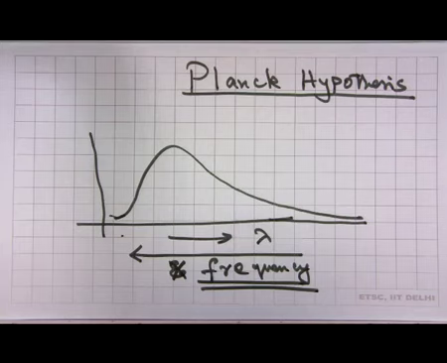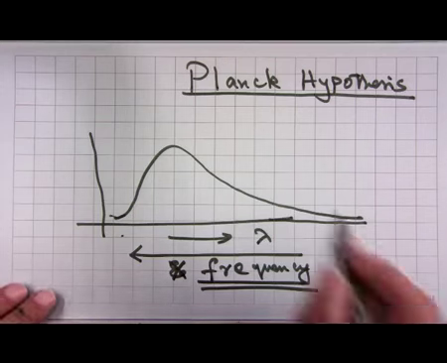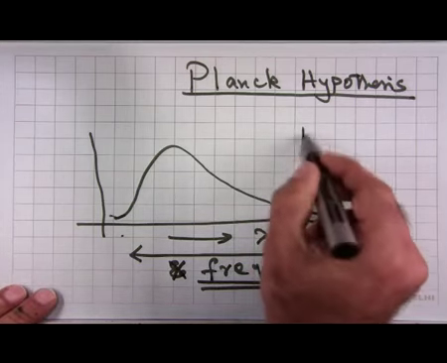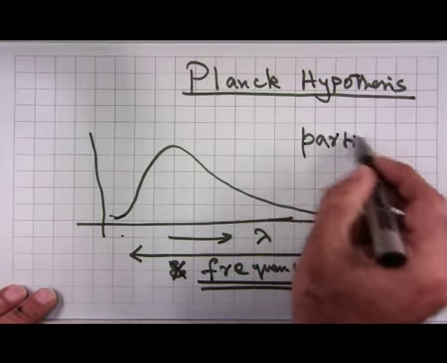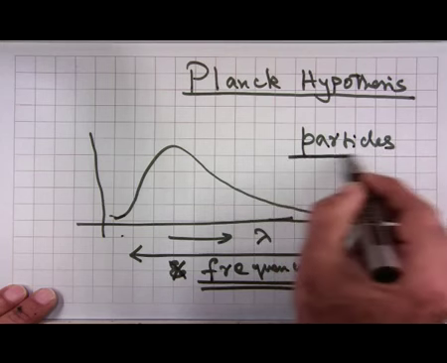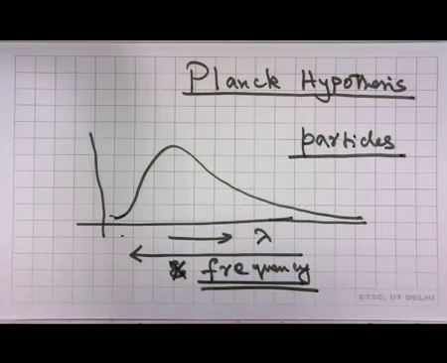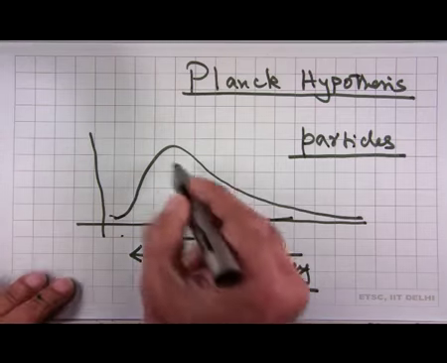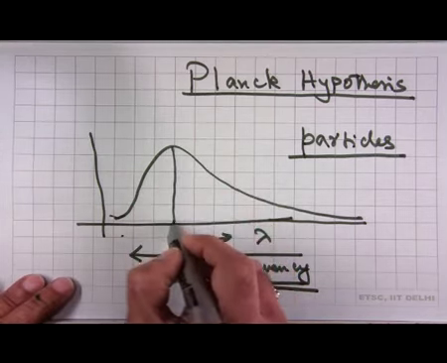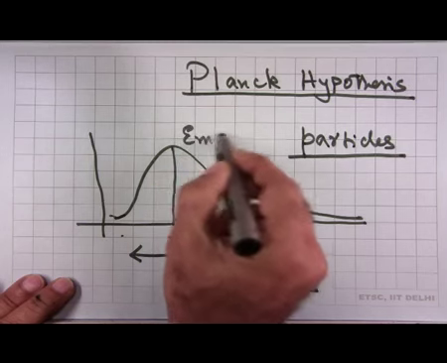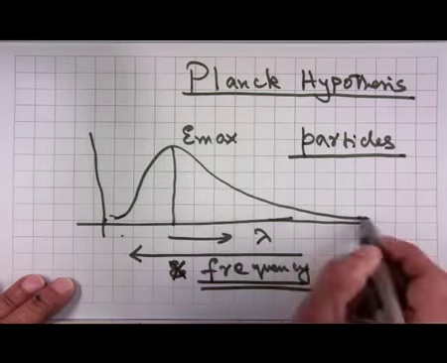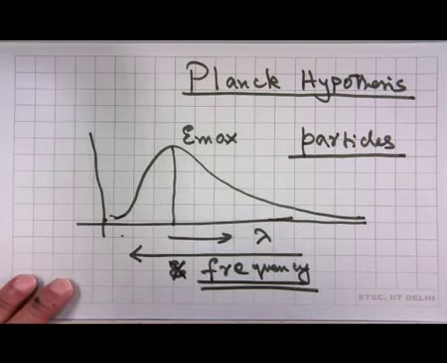Now suppose the same curve was found not for black body but for particles. You see there is a peak here, E max, and at both the ends it is going to 0, your spectrum.